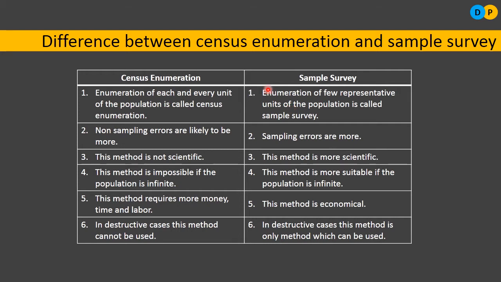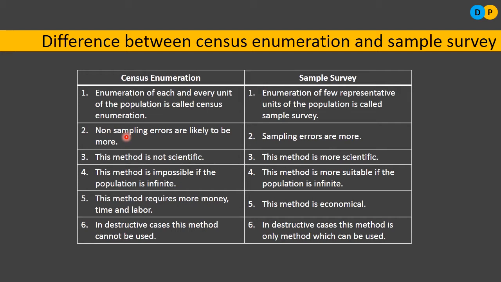The second difference: non-sampling errors are likely to be more. In census enumeration, we will be working on the entire units of the population, so if you go with this approach, there are chances that non-sampling errors are likely to be more. On the other hand, in sample survey, sampling errors are more.